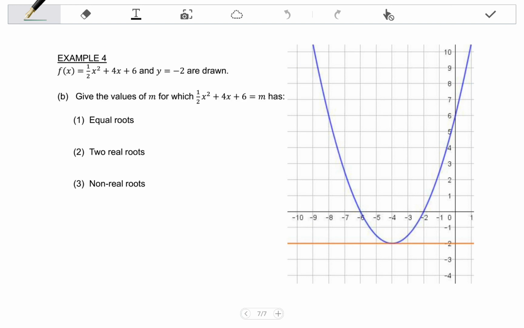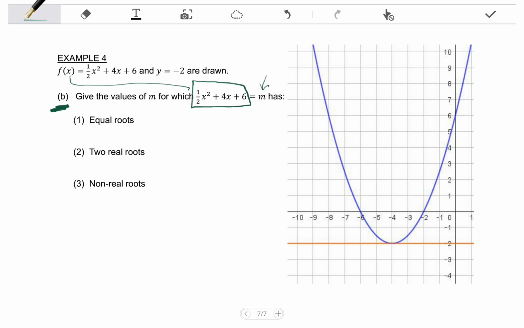Now this is the same question, but now I've moved on to question B. It says give the values of m for which a half x squared plus 4x plus 6 equals m has equal roots, 2 real roots, or non-real roots. Now notice that a half x squared plus 4x plus 6 is my parabola, equals m.